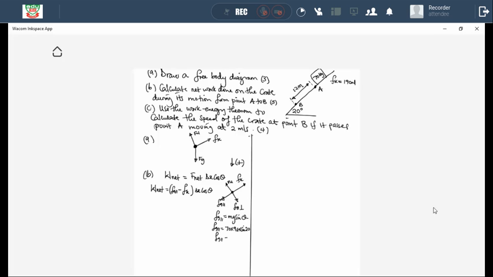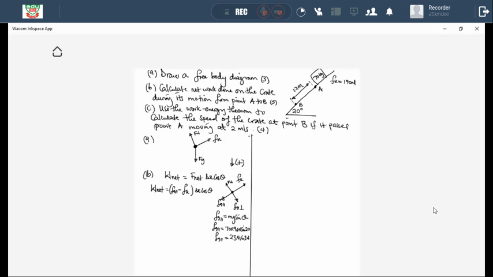So Fg parallel alone is equivalent to sine 20 times 9,8 times 70, and you get 234,63. This is our Fg parallel only.